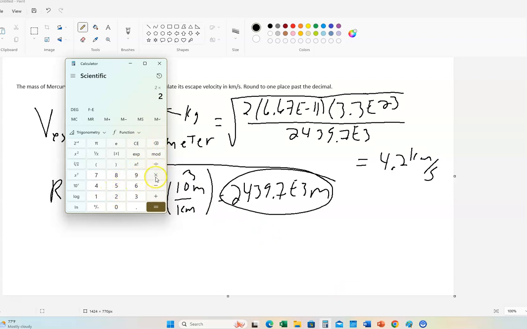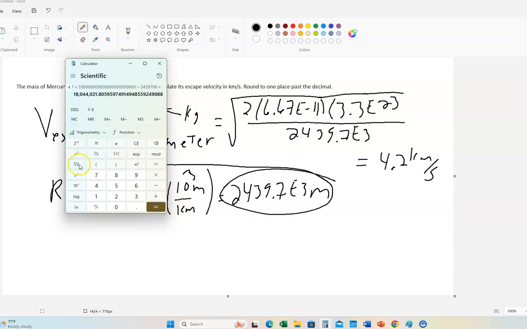So it's 2 times 6.67 times 10 to the minus 11th times 3.3 times 10 to the 23rd divided by 2439.7 times 10 to the third. That's giving me everything underneath the radical.